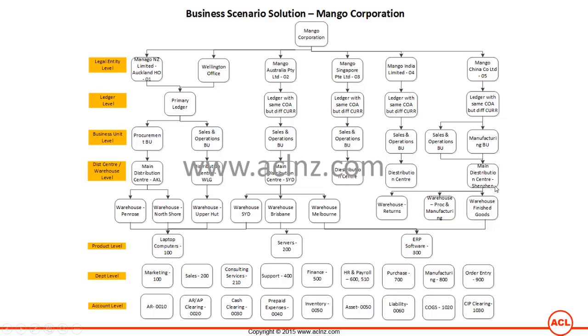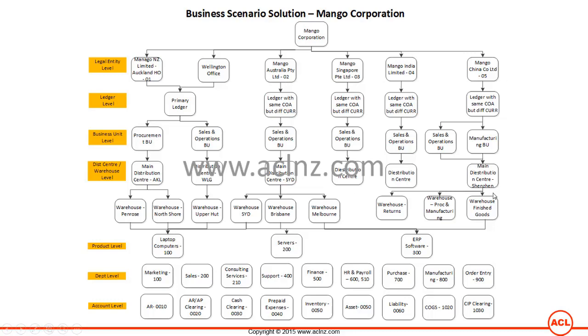And within that, they also have a distribution center located in China, which caters not only to the Chinese operations, but also to their worldwide distribution centers as well. So that's the main distribution center, which is where it transfers the items based on the requirements from other countries.